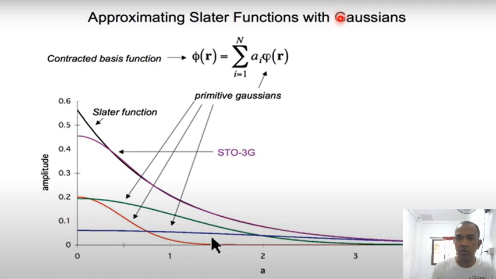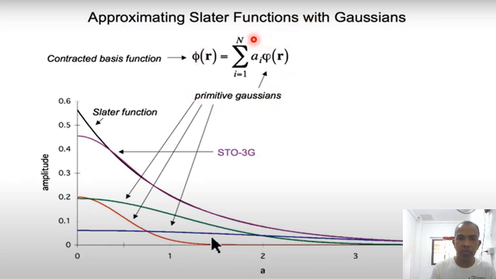If instead of using only a single Gaussian to represent the Slater function, we treat the Slater function itself like a molecular orbital, constructed out of atomic orbital basis functions, we can treat the individual basis functions as things constructed out of a linear combination of other mathematical functions. So this is the single basis function, and we're going to build it out of multiple functions. In particular, I'm going to use Gaussians.